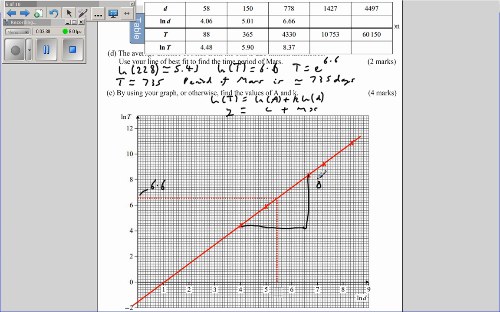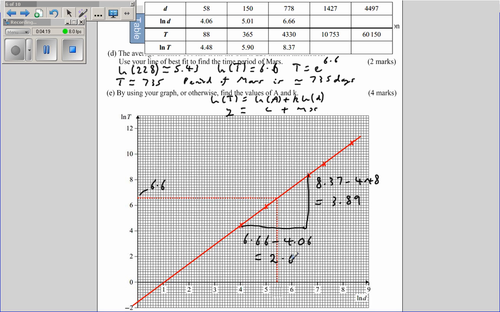So 8.37 minus 4.48 means that height there is 3.89. Similarly on the x, this point here is 4.06 and this point here is 6.66. So 6.66 minus 4.06 gives us that distance along there as being 2.6.